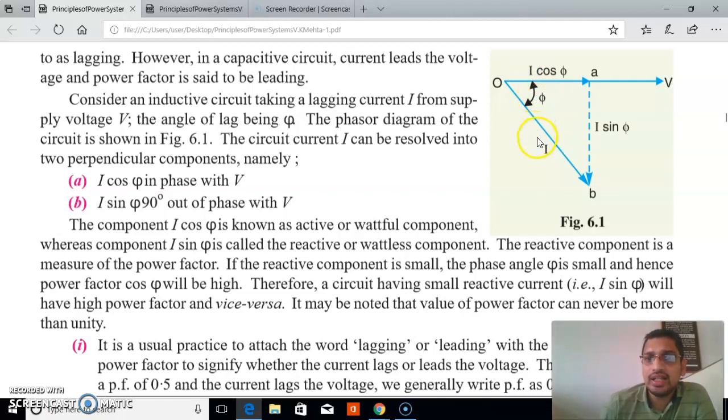Here we can resolve I into two components, a horizontal and a vertical component.